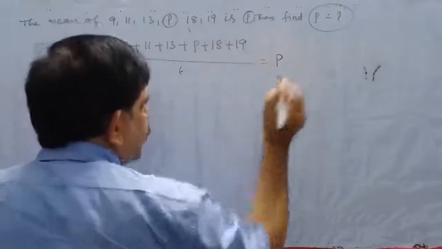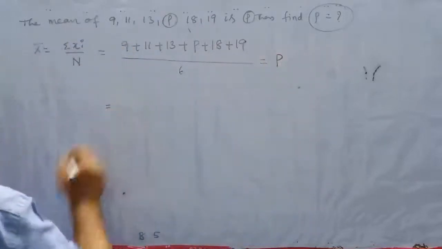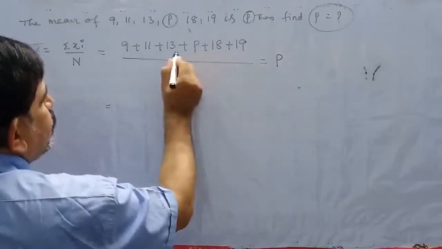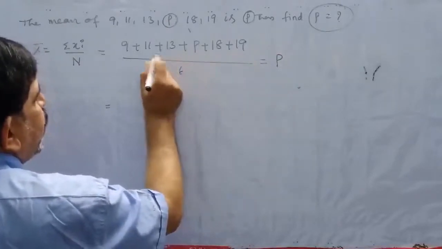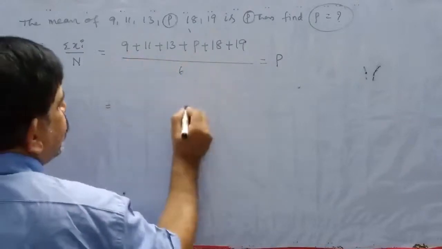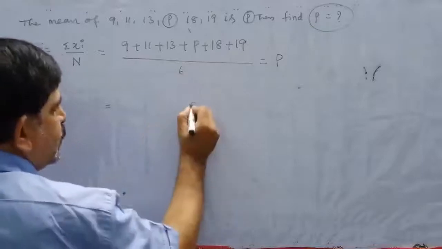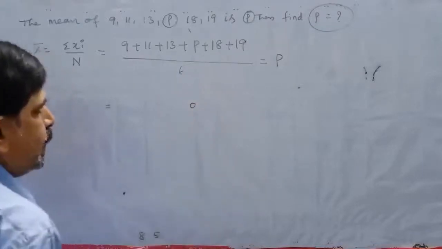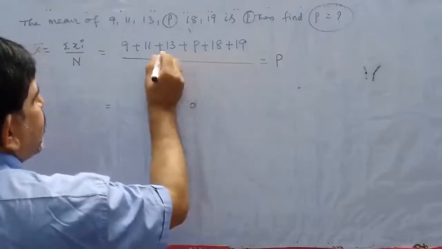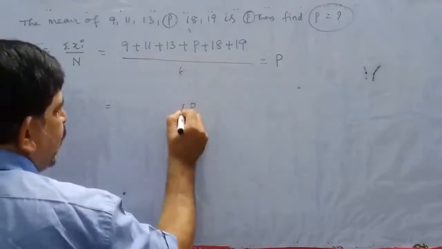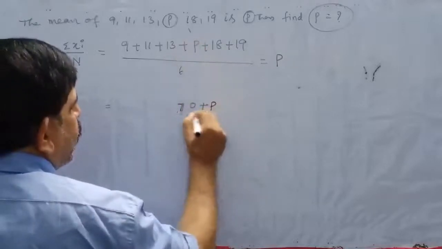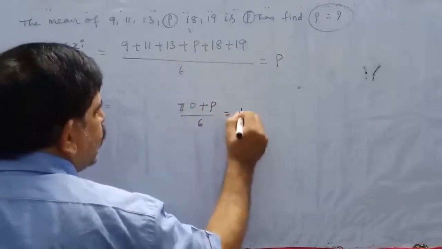So its mean is equal to p. Now 9 plus 8 is 17, 17 plus 3 is 20, plus 1 is 21, plus 9 is 30, and so on, giving 70 plus p by 6 is equal to p.